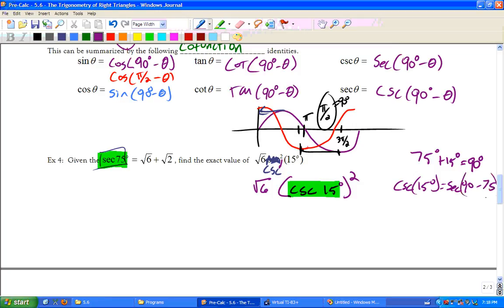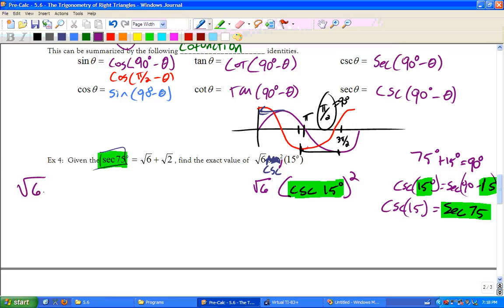This is really important. The angle theta is equal to its cofunction of 90 minus that same angle. In other words, the cosecant of 15 equals the secant of 75. This helps because when I go to square the cosecant of 15, I can replace it with something I know, in this case the secant of 75.